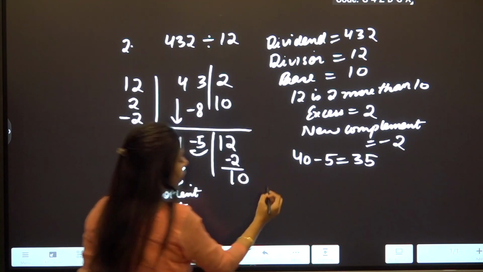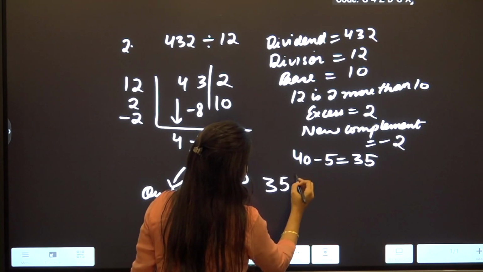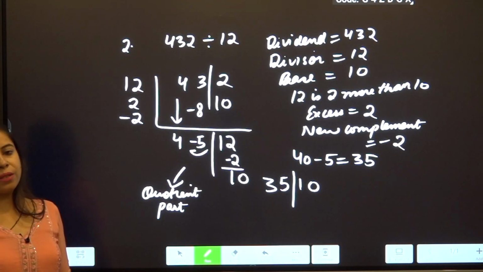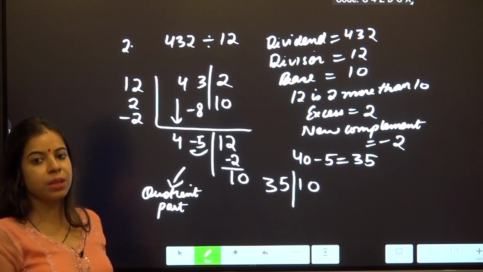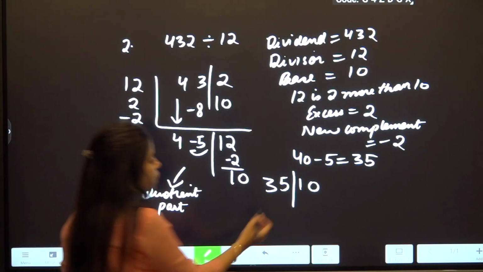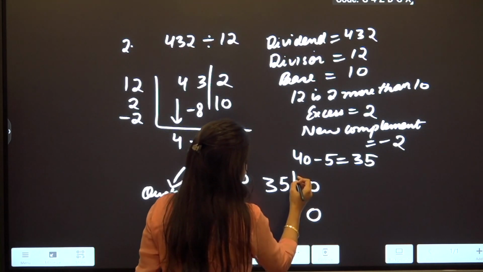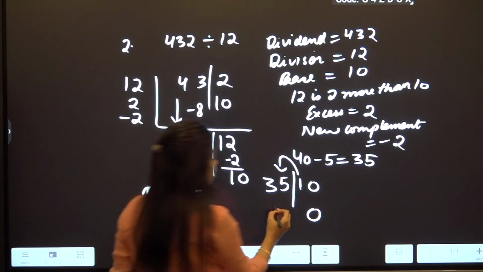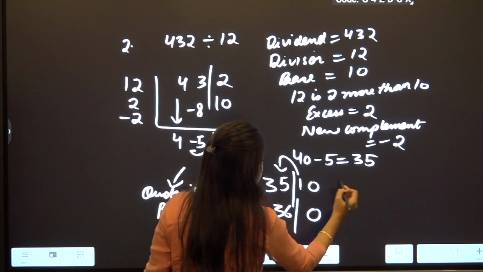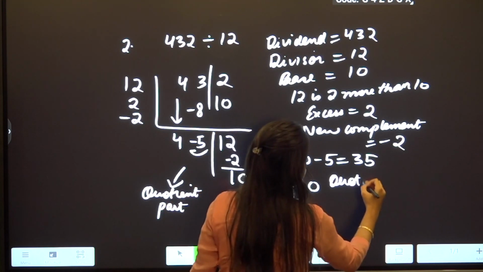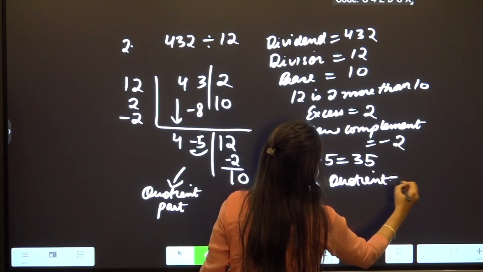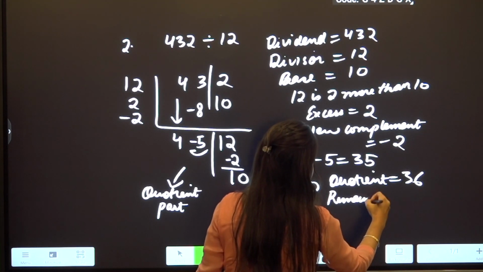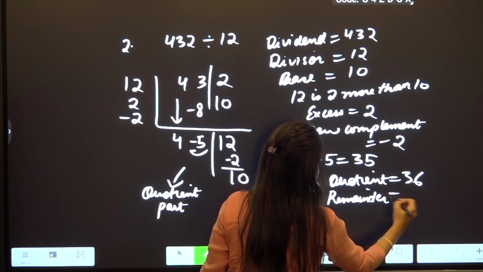So this is becoming 35, 10. The number of zeros in the base is 1. So 0 I am going to write here as it is, and 1 will be carried forward. So this will become 36. So here the quotient is 36 and the remainder is 0.